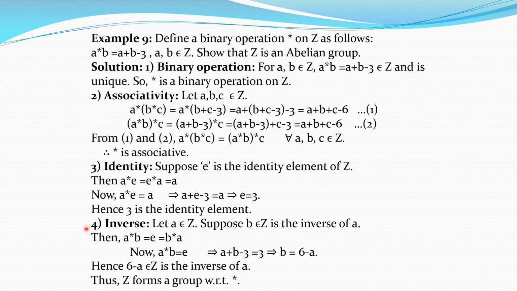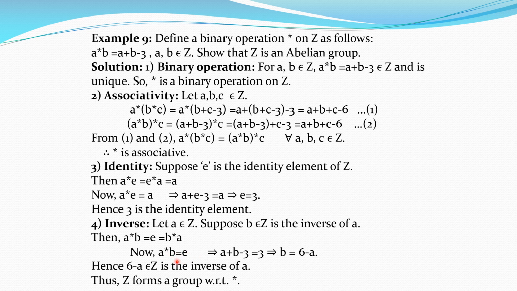Now, we check if it is possible to find an inverse for every element. Let a belong to Z and b belong to Z be the inverse of a in Z with respect to star. Again, by using the definition of inverse, we get a star b equal to b star a is equal to identity. So, consider a star b is identity. Now, identity is 3 in this case. So, putting the value, a star b equal to e implies a plus b minus 3 equal to 3.